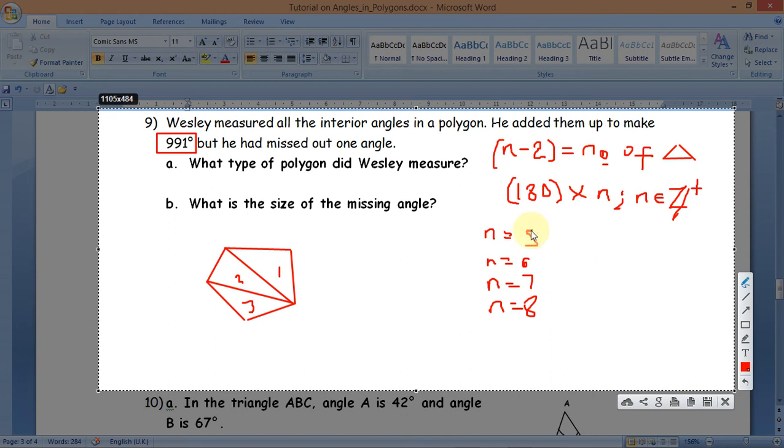Very close. When n is 5, the sum will be 900.